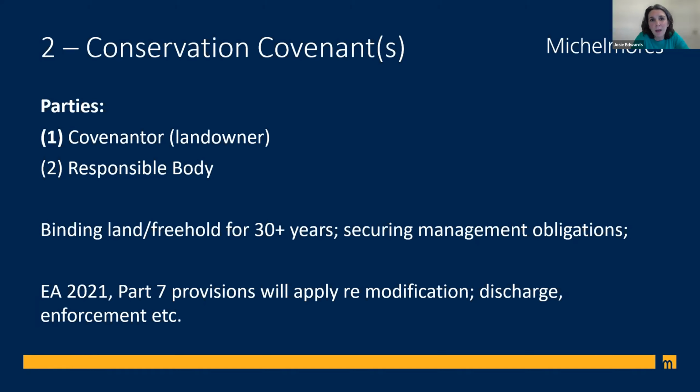And we're talking about much longer terms than those we're currently used to under HLS or countryside stewardship schemes. The landscape recovery schemes are intended to be ambitious and to hopefully deliver long-term lasting environmental change. And so conservation covenants, we think, will play a really key role. They've been created by Part 7 of the Environment Act.